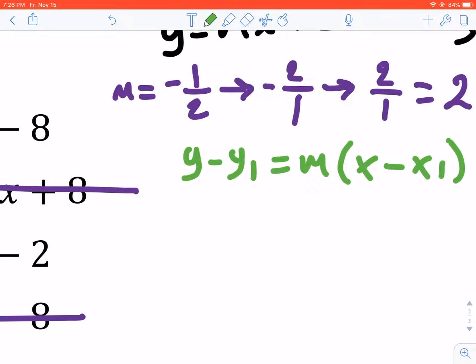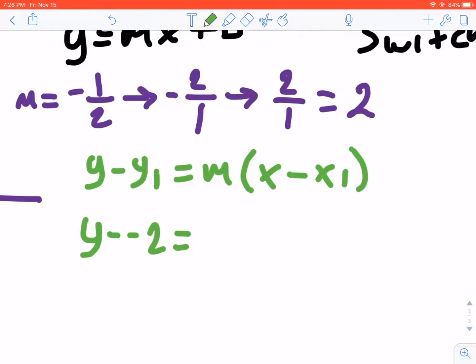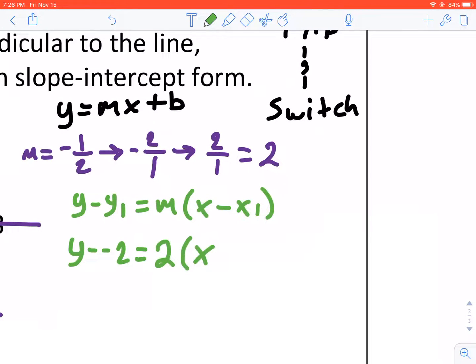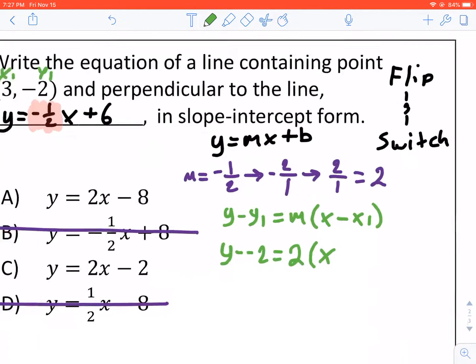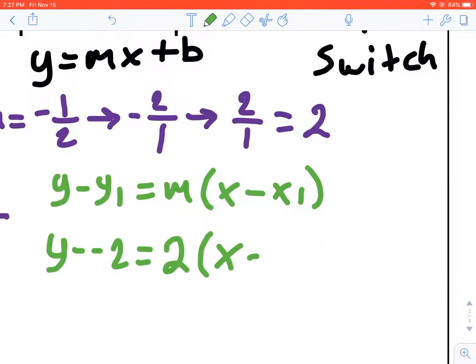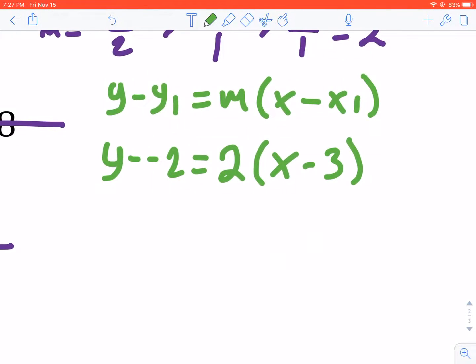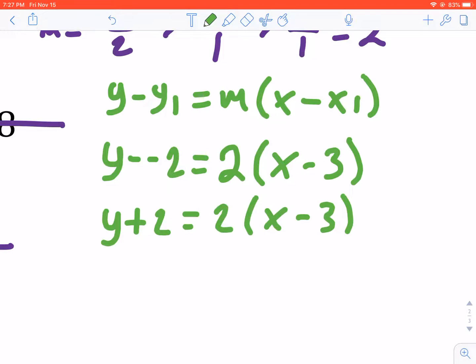So negative 2 is our y1. So we're going to do y minus a negative 2 is equal to, our m is supposed to be a 2 because it's perpendicular to the other line. So we're just going to put a 2 right there, x. And then minus, what was our x1? Our x1 was 3. So we're just going to do minus 3. It looks a little janky, of course, so we're just going to turn this into y plus 2 is equal to 2 parentheses x minus 3. Alright, now it looks like the formula that we're used to.